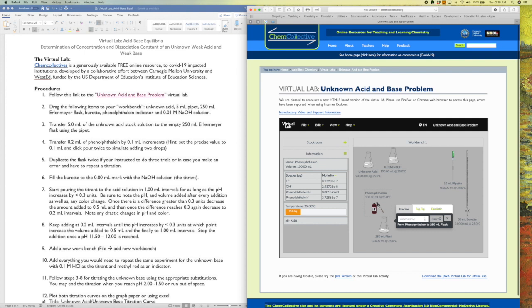Normally in the lab, we would just use that dropper to put 2 or 3 drops. There is no option to put drops. We have to put in a volume. So I'm going to say that 1 drop is 0.1 milliliters, and I am going to simulate adding a drop by pouring 0.1 milliliters.